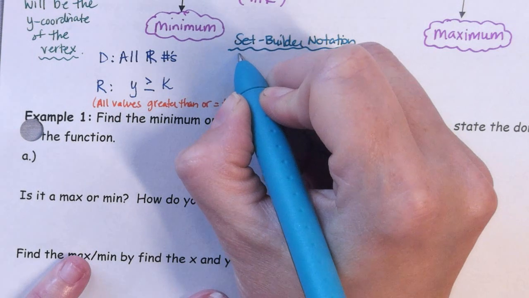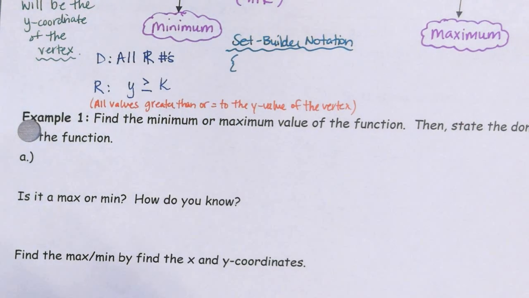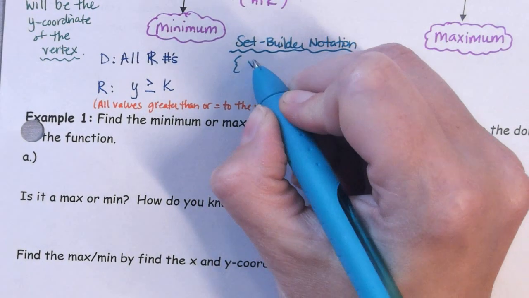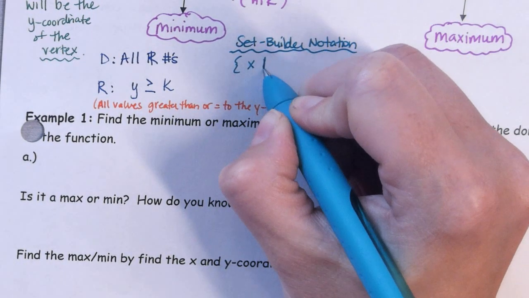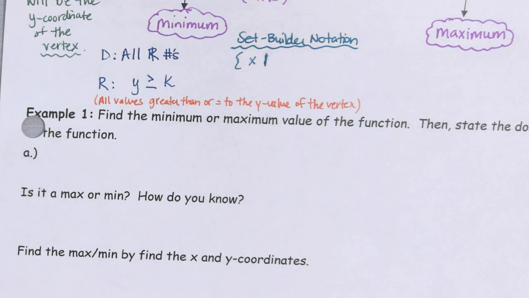So set builder notation, fancy bracket. Okay, 1, 2. And then we have X, and then we have a straight line there. Straight line can be translated to such that.